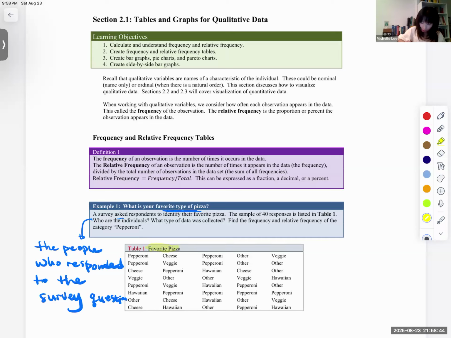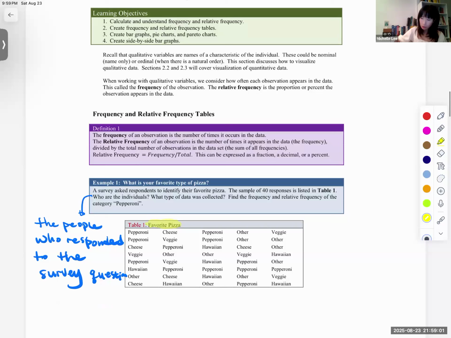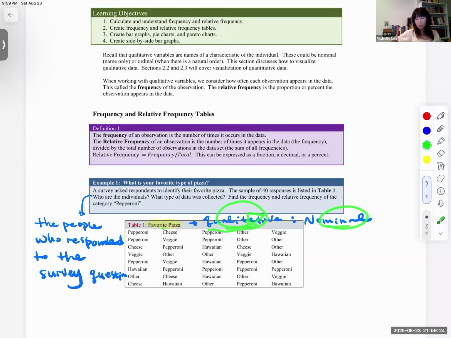So that will be qualitative. And moreover, within qualitative, is it nominal or ordinal? Yeah, right. It's nominal, right? So I wrote down qualitative and nominal. Qualitative data, a qualitative variable, and nominal, right?